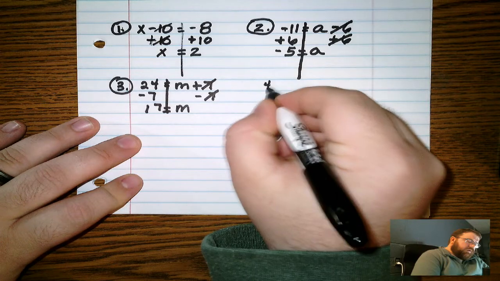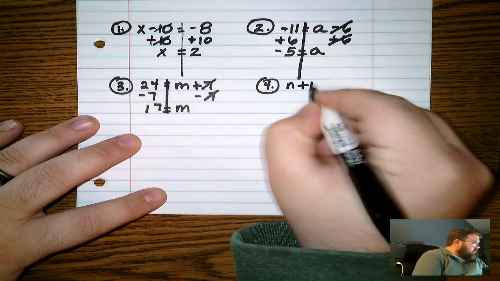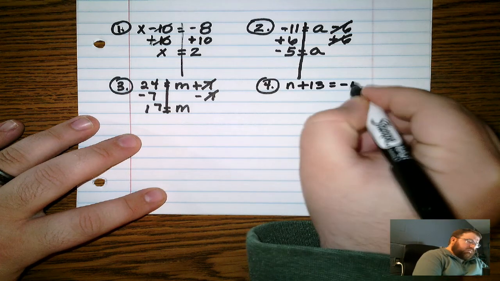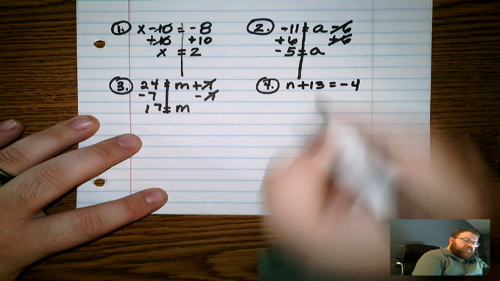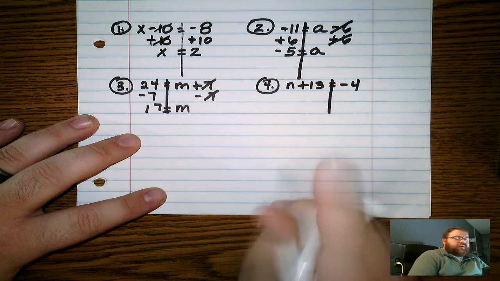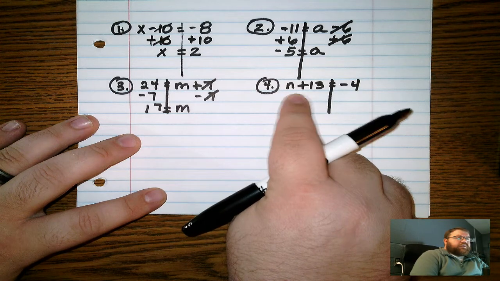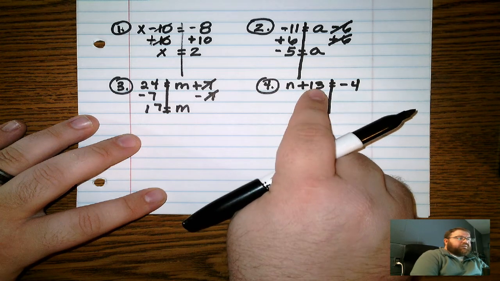Number 4 is n plus 13. Okay, I'm going to start by drawing my line, find my variable, ask myself what is being done to my variable, and it's adding 13.